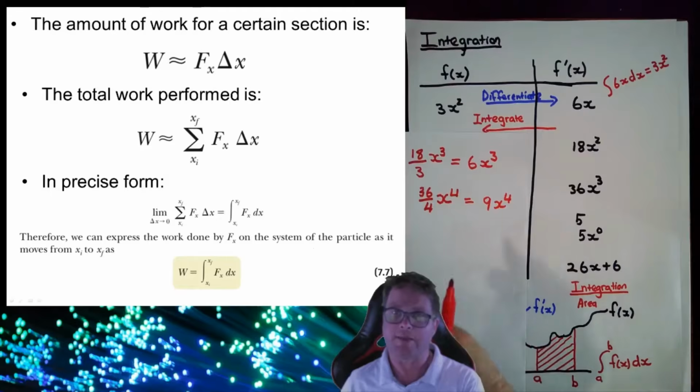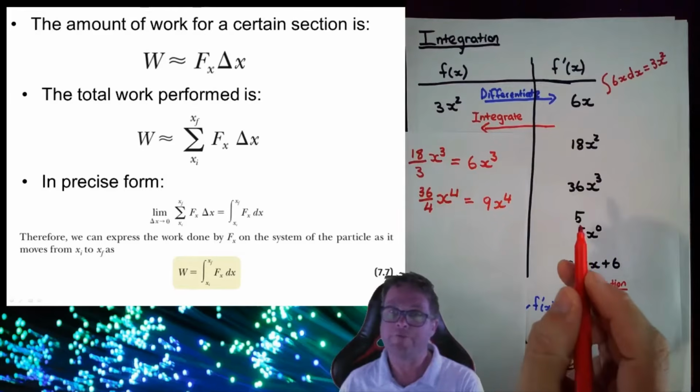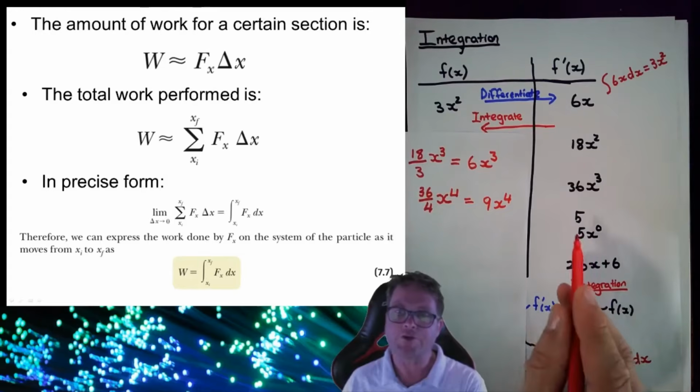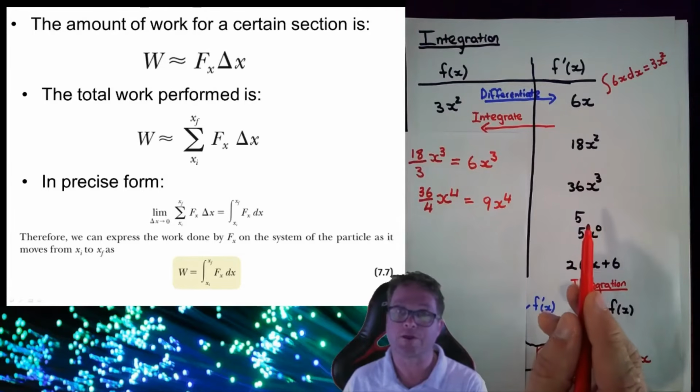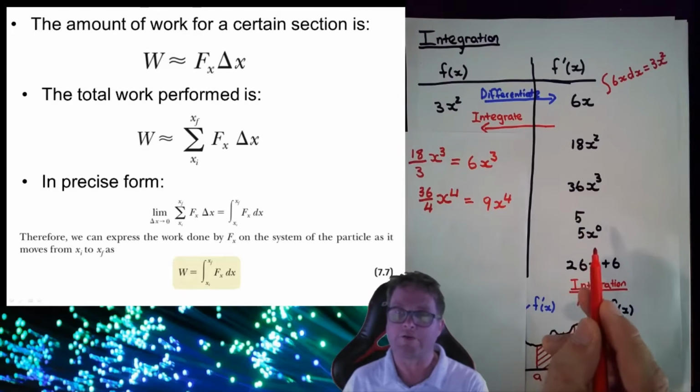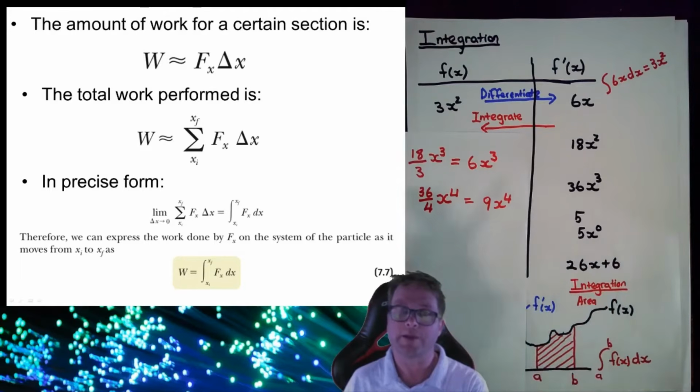An interesting case we might have is if we have the number 5. If we're given that the derivative of a graph is 5, and we're asked to integrate that and find what the original function is, at first that might seem a little confusing because we don't see an x there. But we can take this 5 and write it as 5x to the power of 0, because remember, anything to the power of 0 is 1. So 5x to the power of 0 is of course just 5.